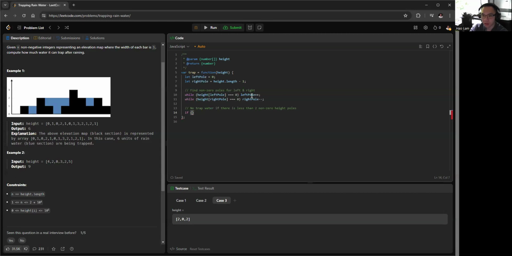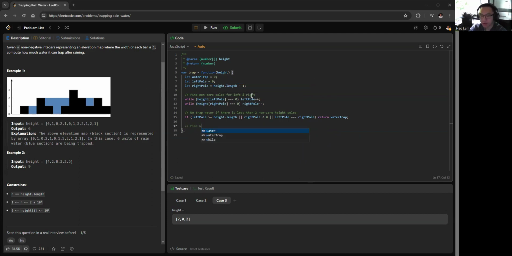So if the left pole is out of bound, which is greater than or equal to 10 to the 9, or the right pole is less than 0, which is out of bound, or if they are equal to each other, I mean there's only one positive pole, we can just go ahead and return the water trapped. So we need our water trap variable here set to 0. Okay. After that, we can find the water trap.